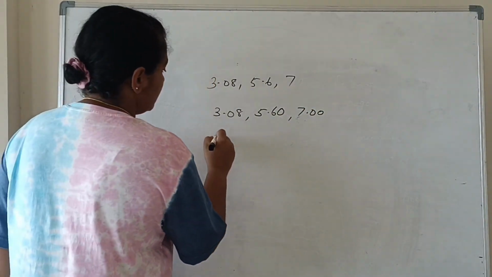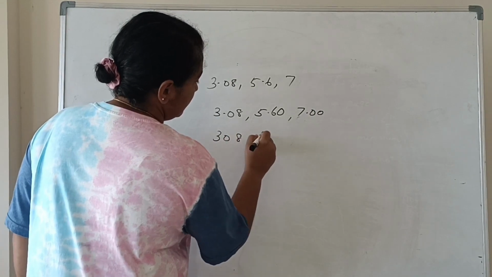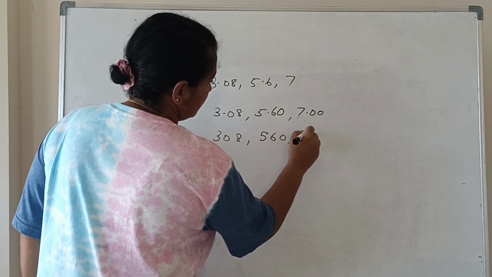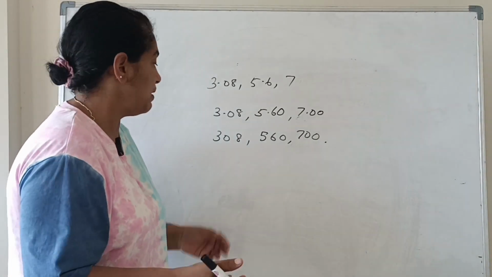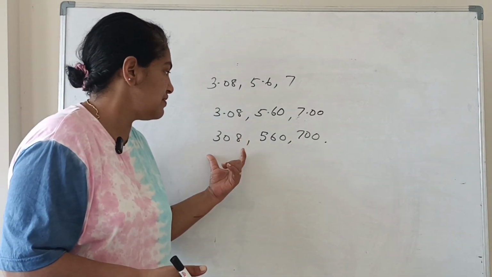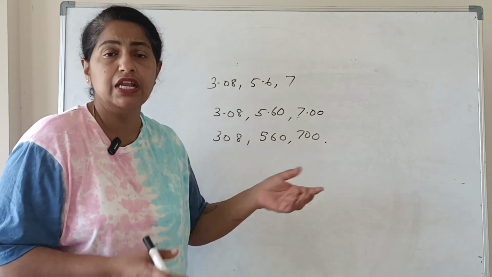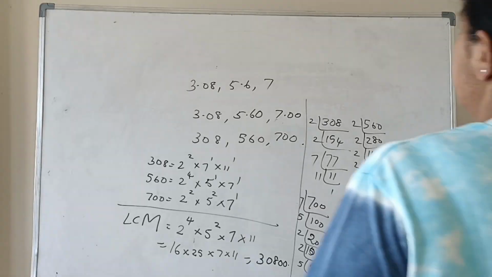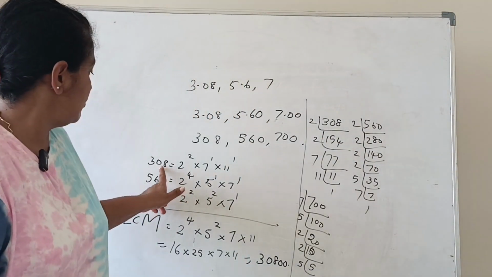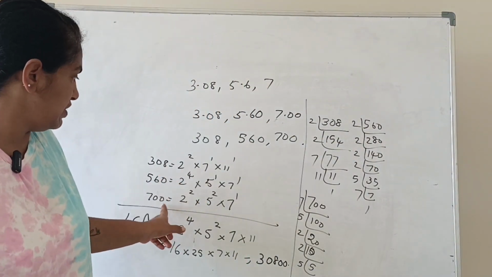Okay. Now, I remove the decimal point so that I get 3 numbers, 308, 560 and 700. I am going to find the LCM by using prime factorization. I have done the prime factorization of 308, 560 and 700.